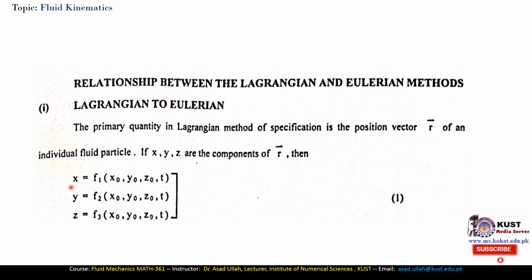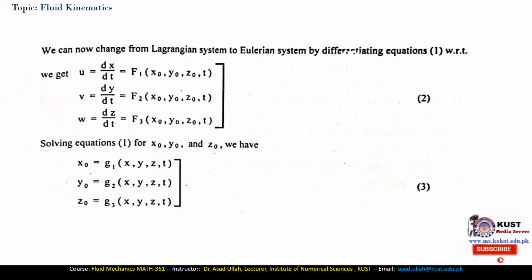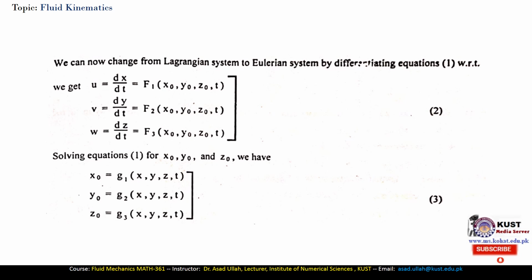So x, y and z are the points in space, and x naught, y naught and z naught are the fixed points in space at time t naught. Now we can change from a Lagrangian system to an Eulerian system by differentiating equation 1 with respect to time.